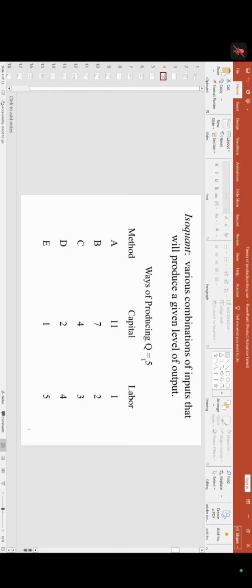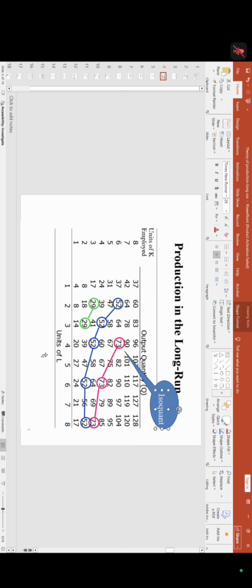Okay. Yes, so as you can see here, you have the unit of K, that is the capital that they have employed in the production, and here they have mentioned the unit of L, how much labor is used. If they are using 1 labor and 1 capital, they can produce only 4 units.